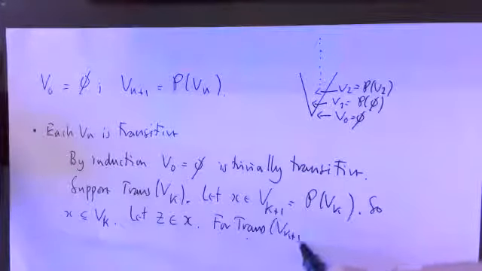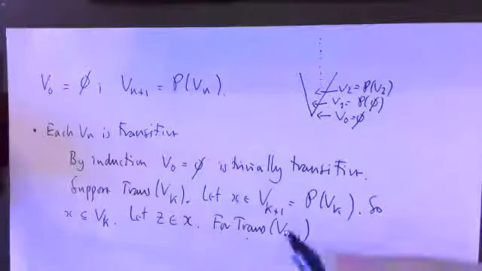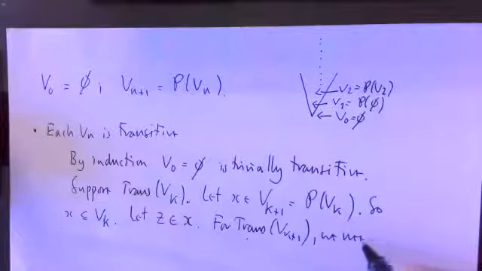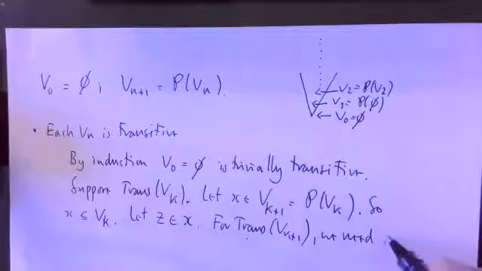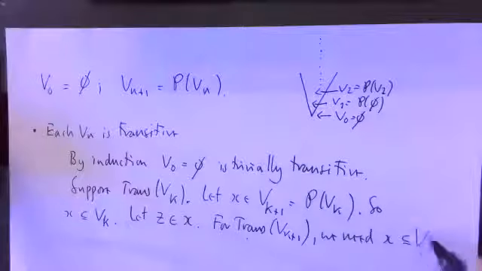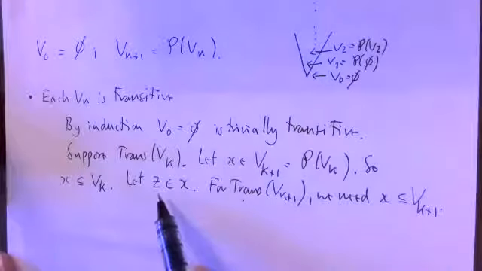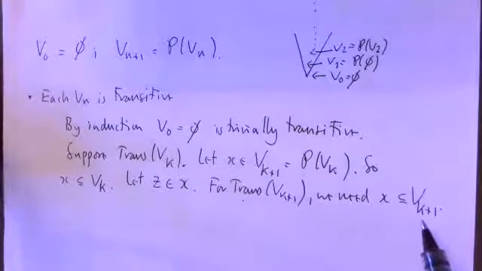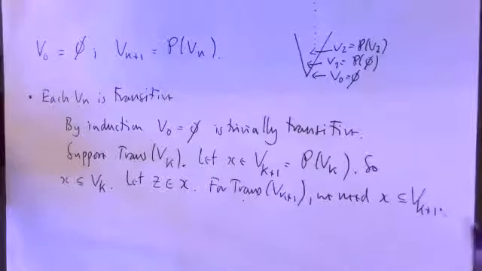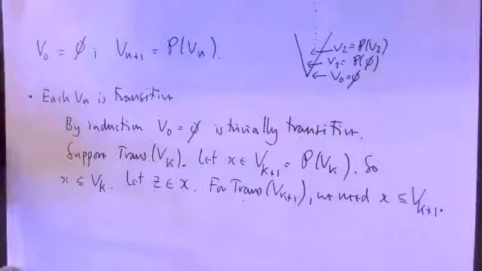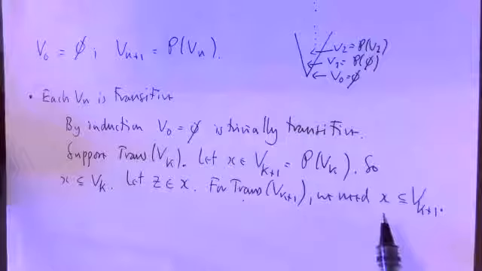So to have V(k+1) transitive, we need that X is a subset of V(k+1). So I need all of these Z's that are like this to be elements of V(k+1). So the report back from the marker was that a lot of people were still getting confused with set elementhood and subsethood here.